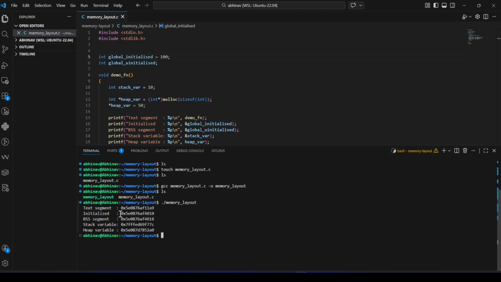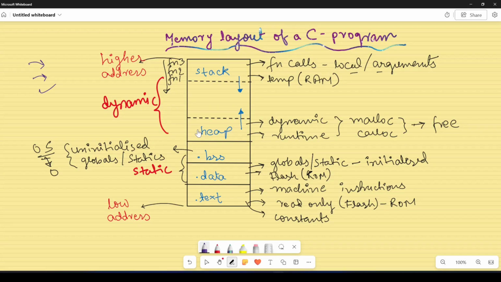You must have watched the memory layout image, so let me bring it here and go through that. You can see text, data, BSS, heap, these four come together, and the stack lies somewhere above.